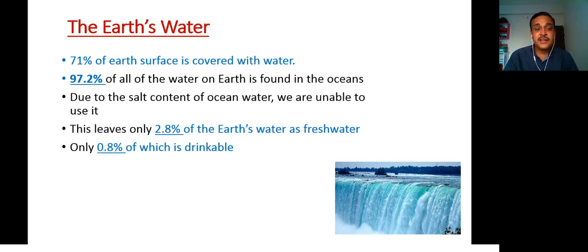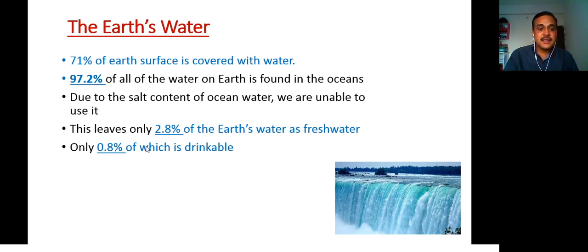Whereas fresh water is nearly 2.8% of Earth's water, which means the salt concentration of this fresh water is less than 1%, or less than 500 ppm.